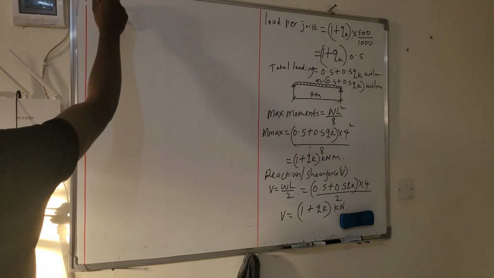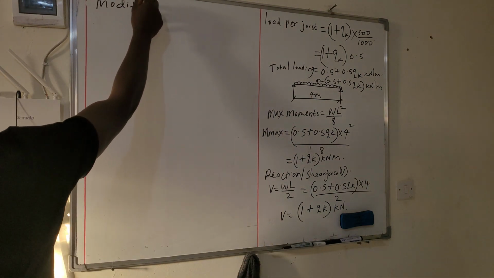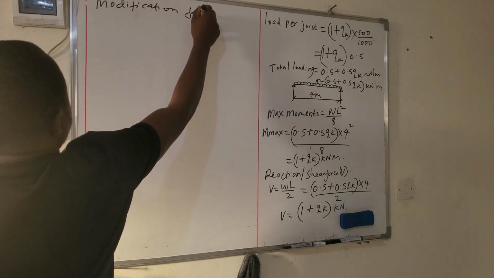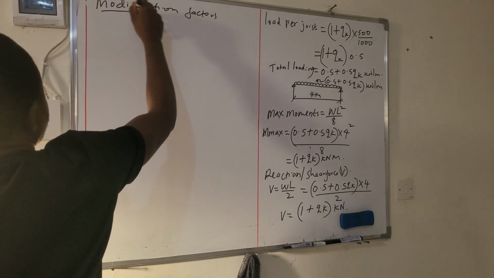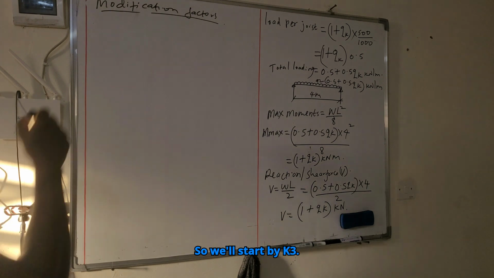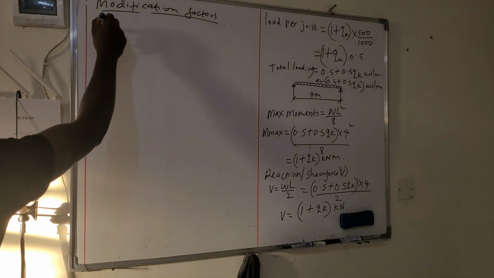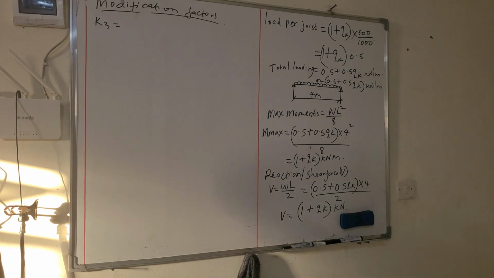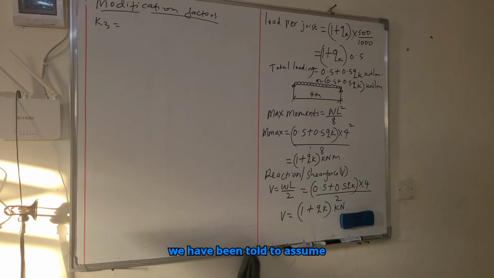Modification factors. So we'll start with K3. In the question, we have been told to assume medium-term loading. So our K3 for medium-term loading is 1.25.